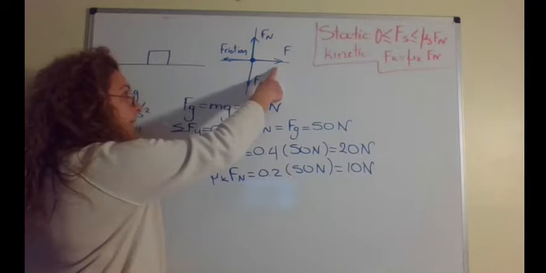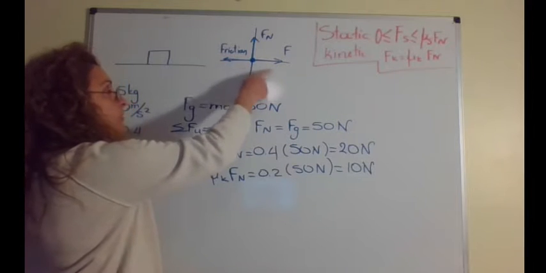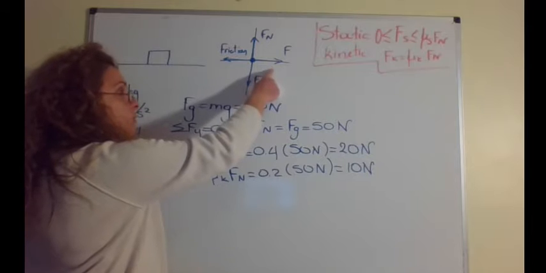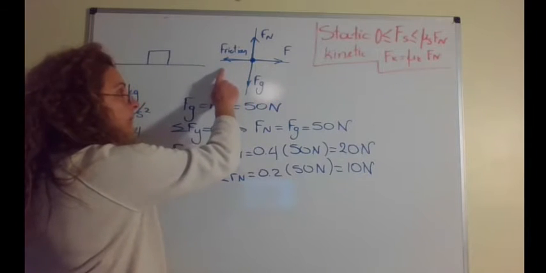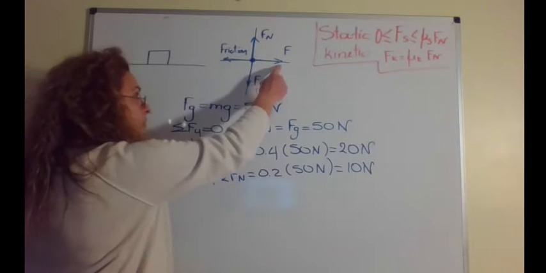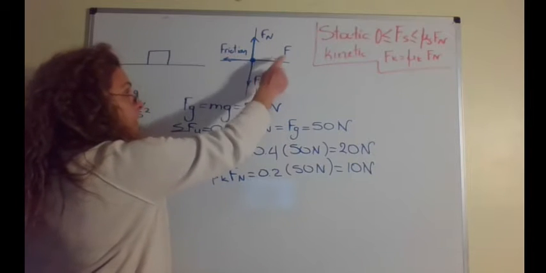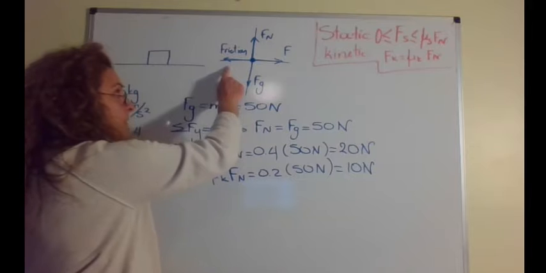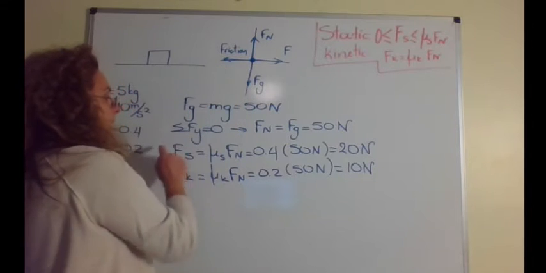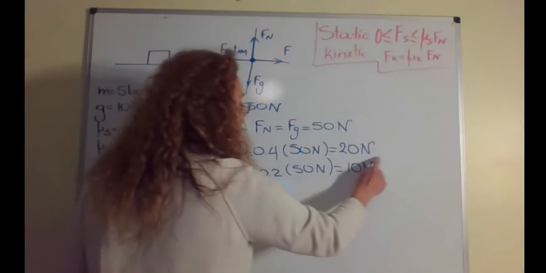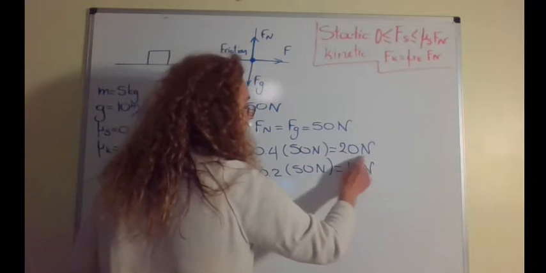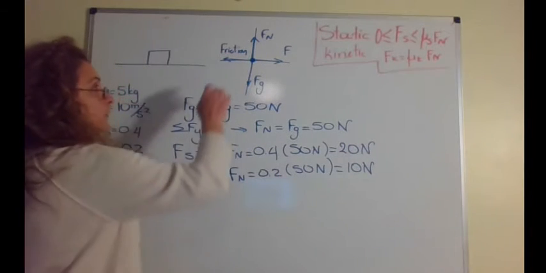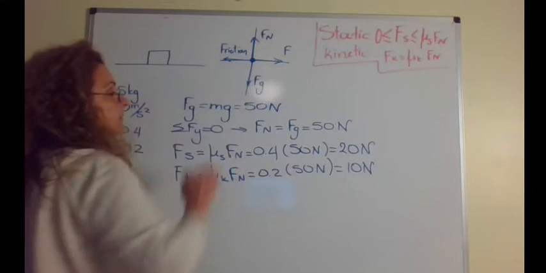If my force becomes 10, friction will become 10, so it cancels it out. If my force becomes 15, friction will become 15. If my force becomes 20, static friction will be 20. And that's the highest value the static friction can get. So up to 20 newtons, friction manages to cancel my force.